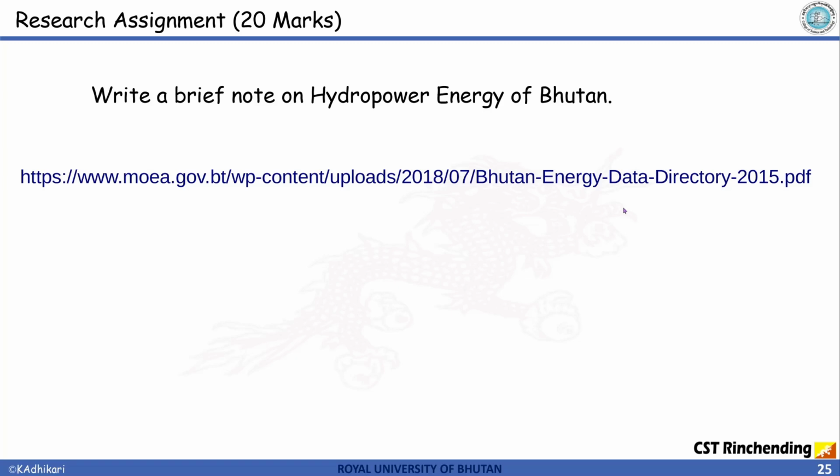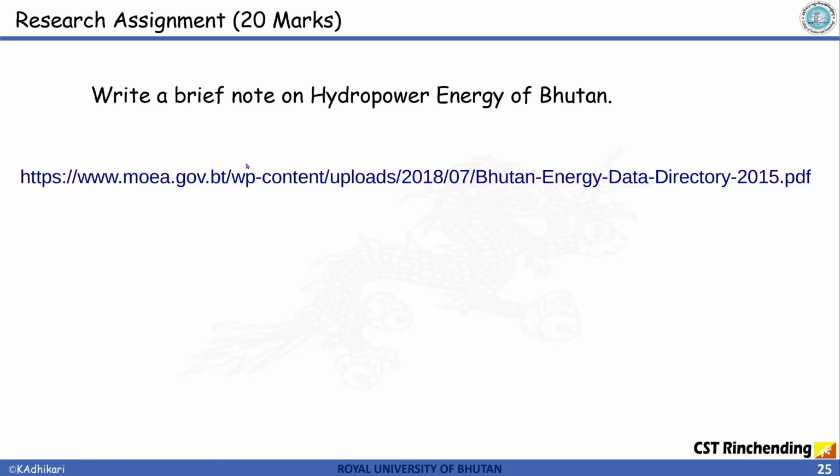So I want you to read and write a short note on it. A short note means about 500 to 750 words. Just explain the hydropower development in Bhutan, which one was the first, and what are the factors that are considered. So you just read this report and try to write a note on that.